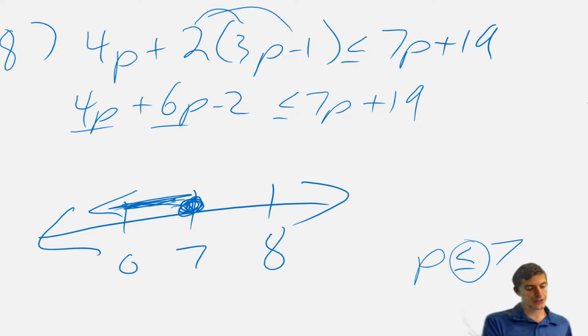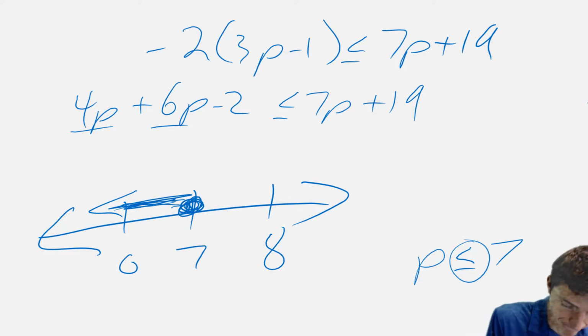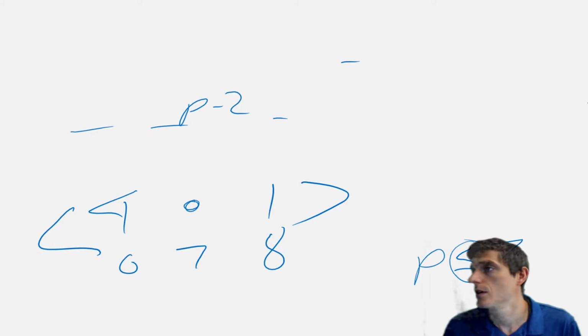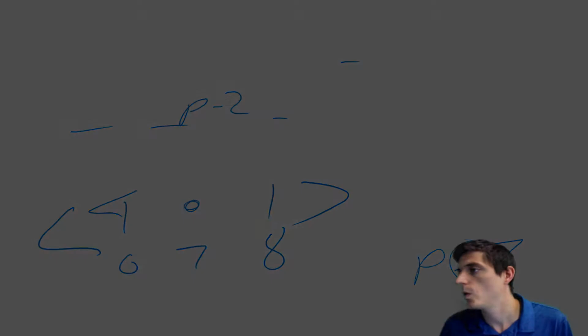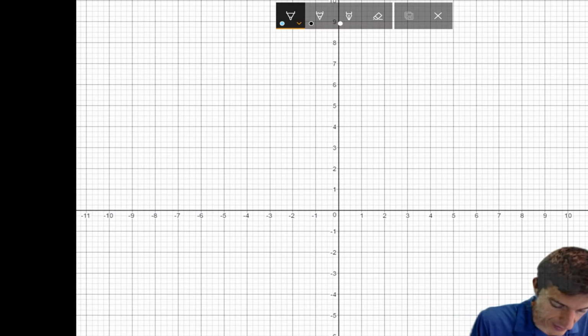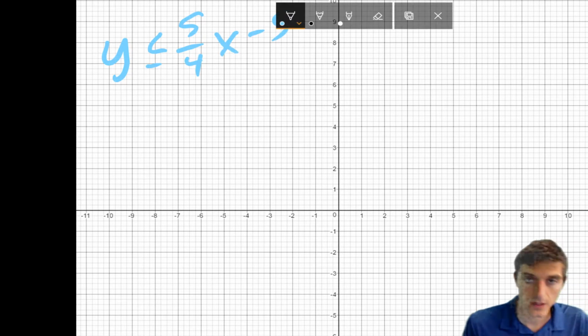So let's flip over and do some graphing. Let me actually just do it like this. So the problem is y is less than or equal to 5/4 x minus 5.